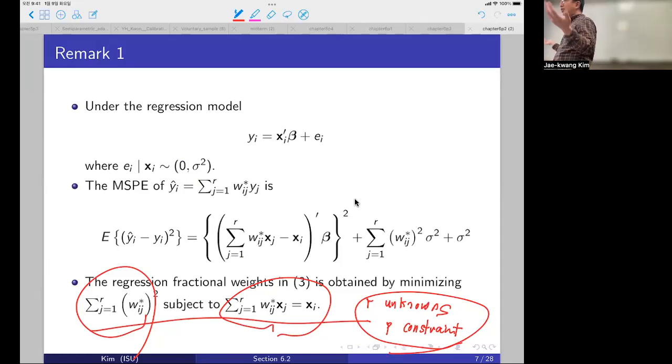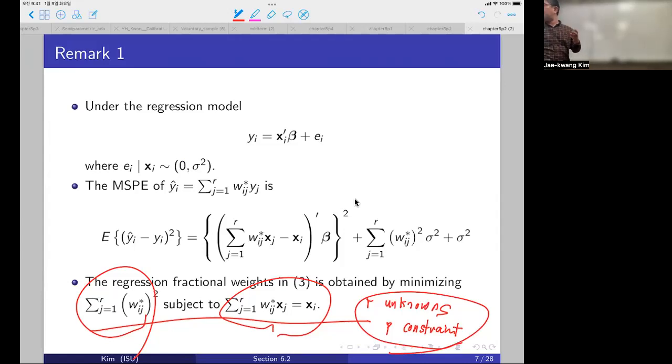Infinitely many solutions. So this itself doesn't have a unique solution, but to make it unique, you need to use an optimization function to uniquely determine it, and you can use least squares. If you use this under the linear model, this is the mean square error. So this makes sense, right? We use this one as an optimization function. So minimize the variance subject to bias equal to 0.